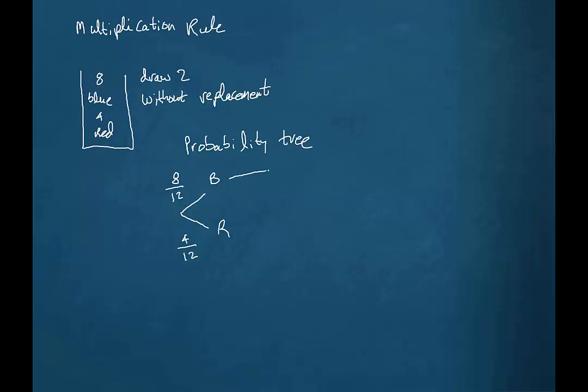Now I'm going to move to my second draw. Now on my second draw, I could either draw a blue block or a red block. And this second draw could result from drawing a blue block on the first draw or drawing a red block on the first draw.